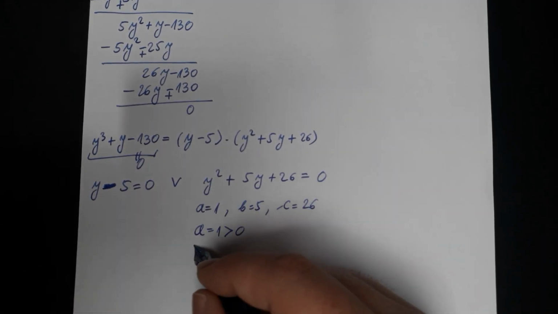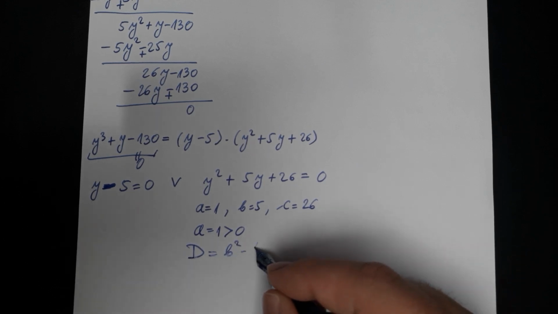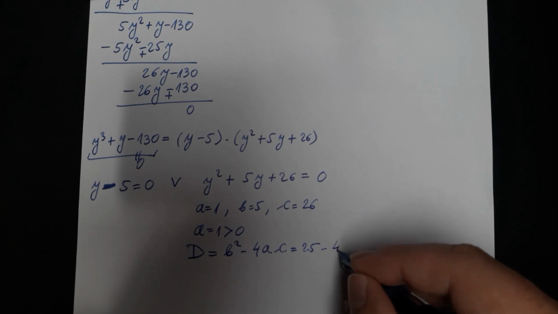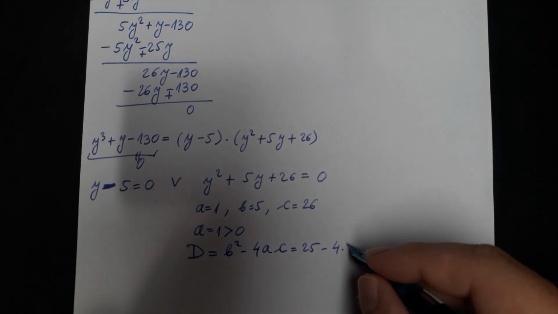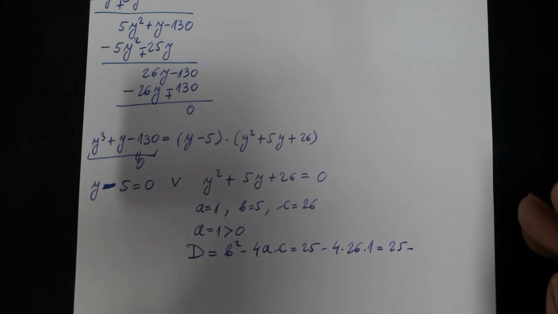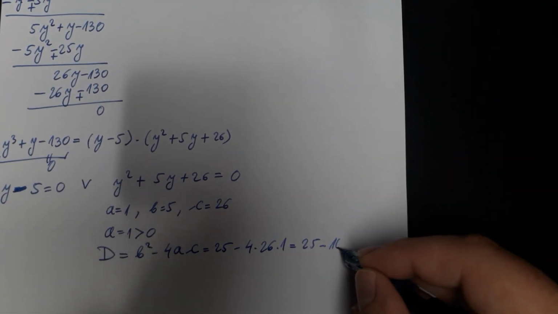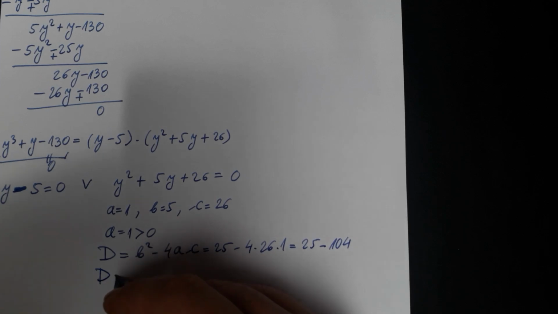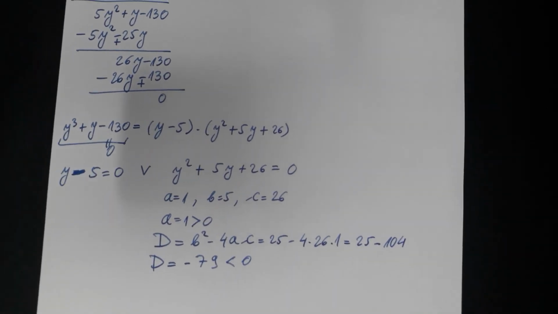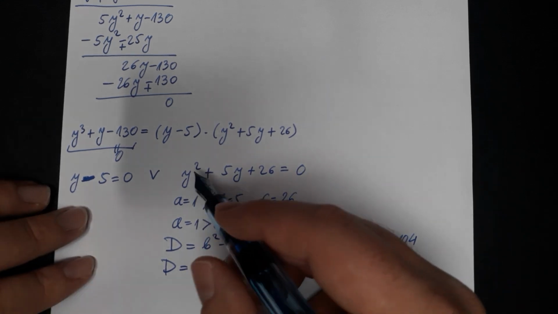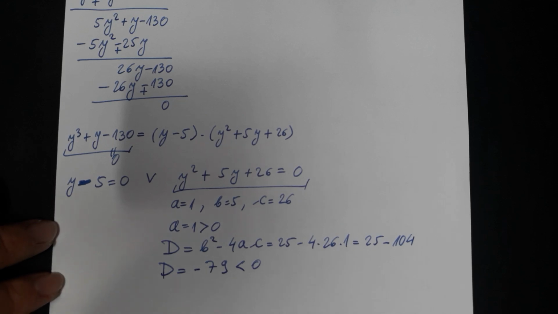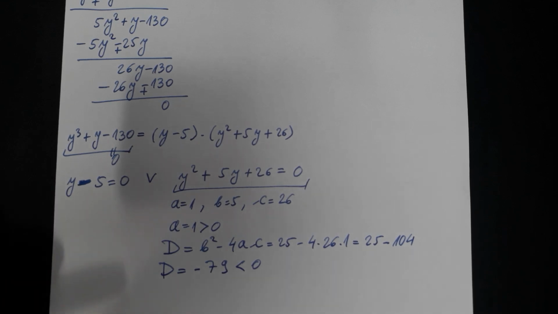And we have a discriminant b squared minus 4ac, which is equal to 25 minus 4 times 26 times 1, and that is 25 minus 104. The discriminant is equal to negative 79, which is smaller than 0. Well, that means that this quadratic equation has two complex solutions. It does not have real solutions.